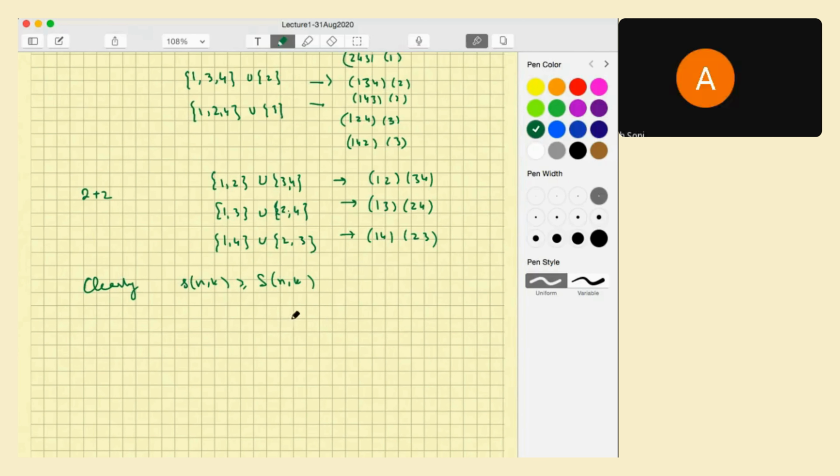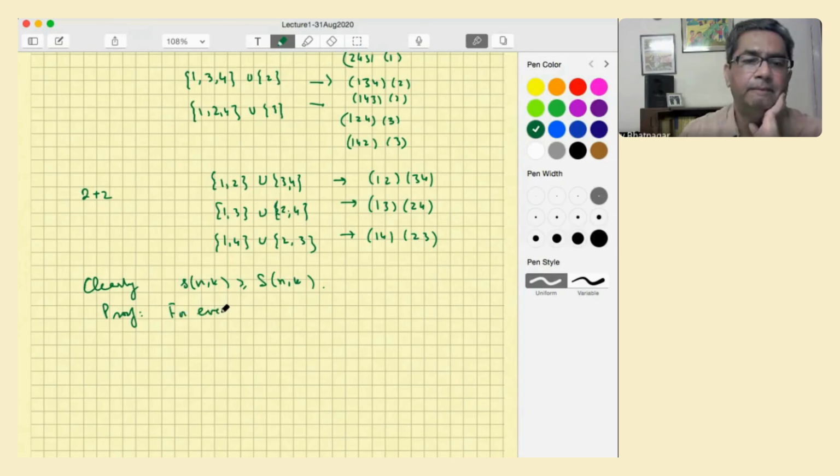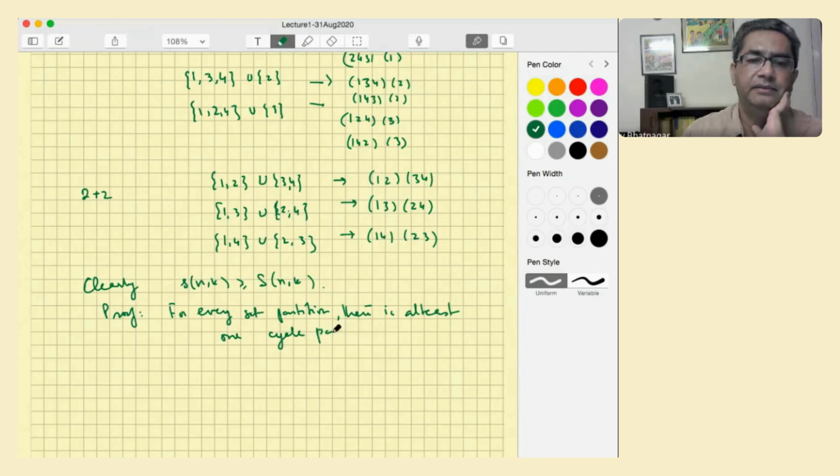Okay, so I took the words from your mouth. So this is clear and the proof is also clear. I'll just note it. For every set partition, there is at least one cycle partition.